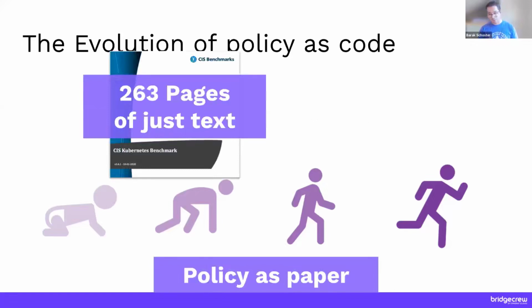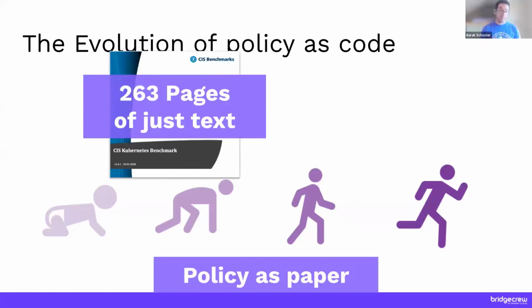So when policies were introduced to big enterprises, the first phase was really policy as paper. My journey began when I started as a young software engineer in a startup, and I then moved into a big enterprise and had a chance to work on policies a lot of times.